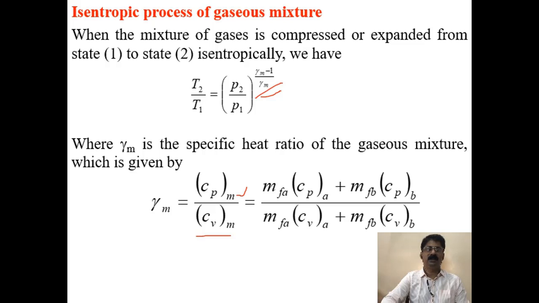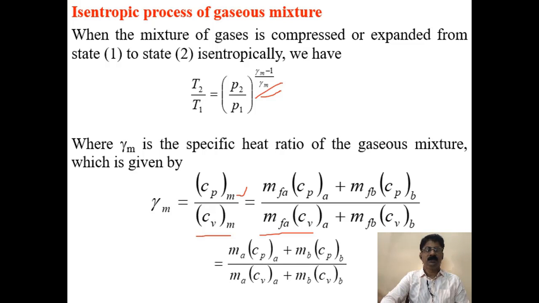So now the specific heat at constant pressure is nothing but MFA into Cp of A plus MFB into Cp of B, whereas specific heat at constant volume for the mixture is nothing but MFA into Cv for A plus MFB into Cv for B. So you can write MA into Cpa plus MB into Cpb divided by MA into Cva plus MB into Cvb, because MFA is nothing but MA by M. Similarly, MFB is nothing but MB by M.